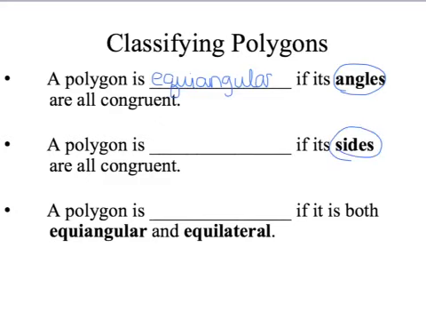Well, you would call it an equilateral triangle. So that's also what you would call a polygon. So a polygon that has both characteristics, equiangular and equilateral, so equal sides and equal angles, is called a regular polygon.